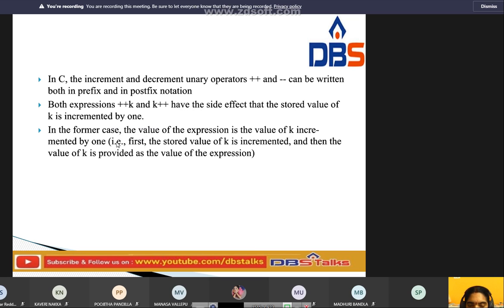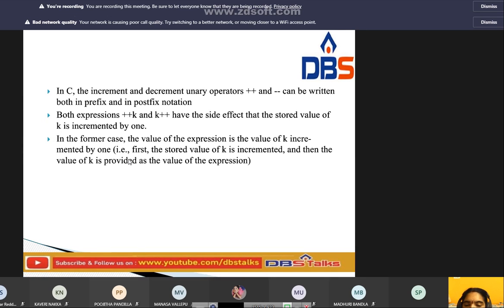In this case the value of the expression is the value of k incremented by 1.